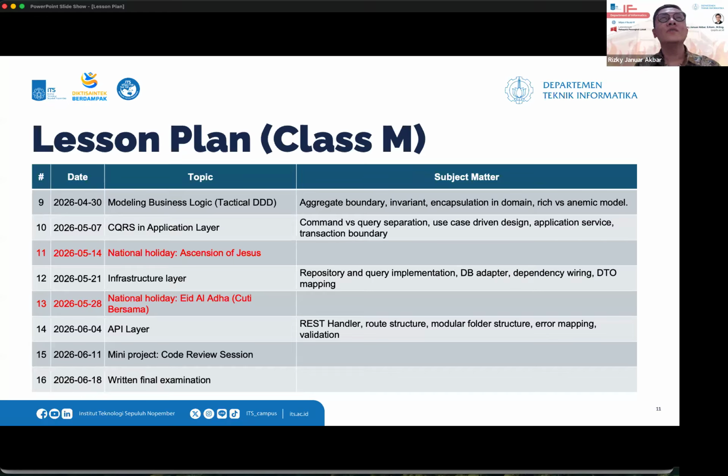In the domain layer you would implement your domain logic, but in the application layer you would implement your use case. And then you will learn the patterns. We have CQRS, command query responsibility separation.